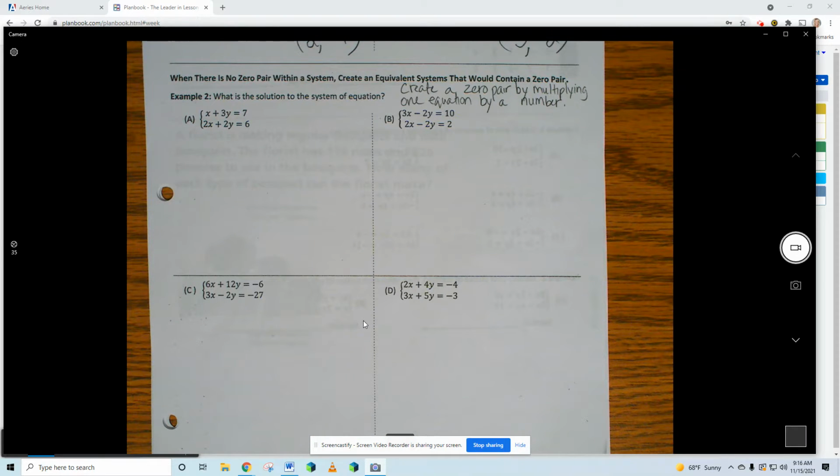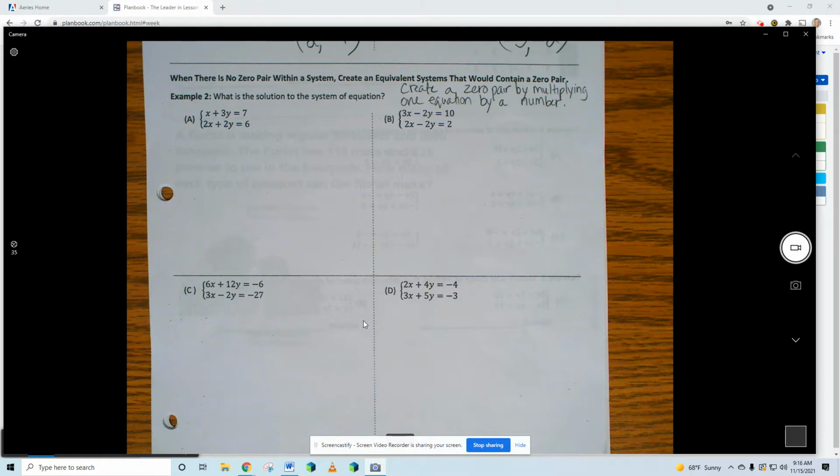But what if I made the x's the same number? I could make the x's a 2 and a negative 2. This could stay a 2, and I could make this top equation have a negative 2x. I would just multiply by negative 2. Or I could make the y's.